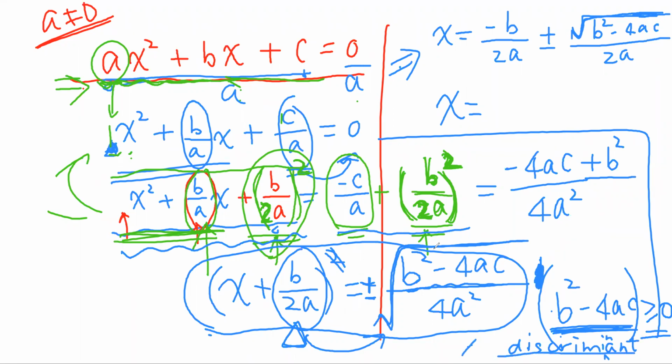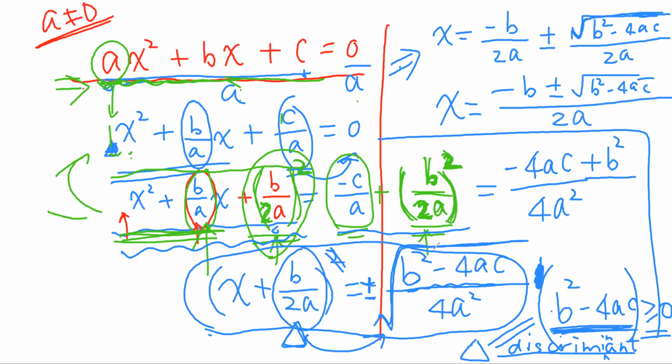Sometimes people use delta to describe this one. All right, let me reorganize this one. x equals negative b plus or minus the square root of b squared minus 4ac, over 2a. So at least the delta needs to be greater than or equal to 0.